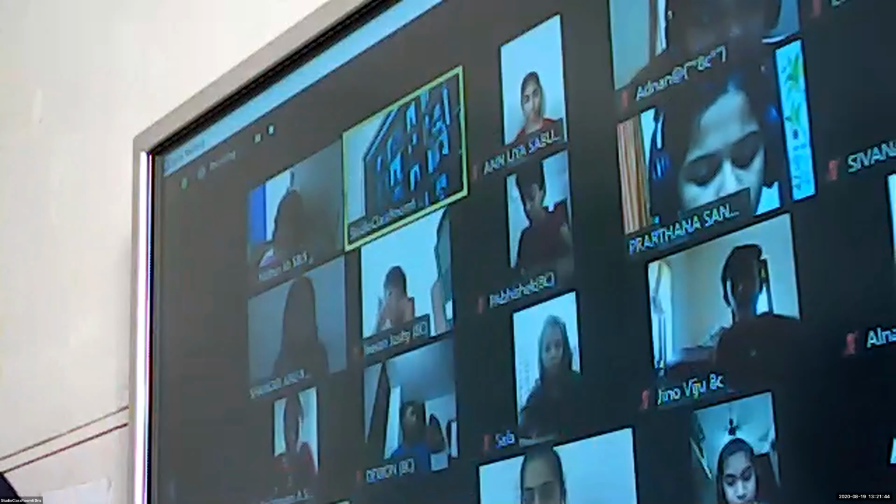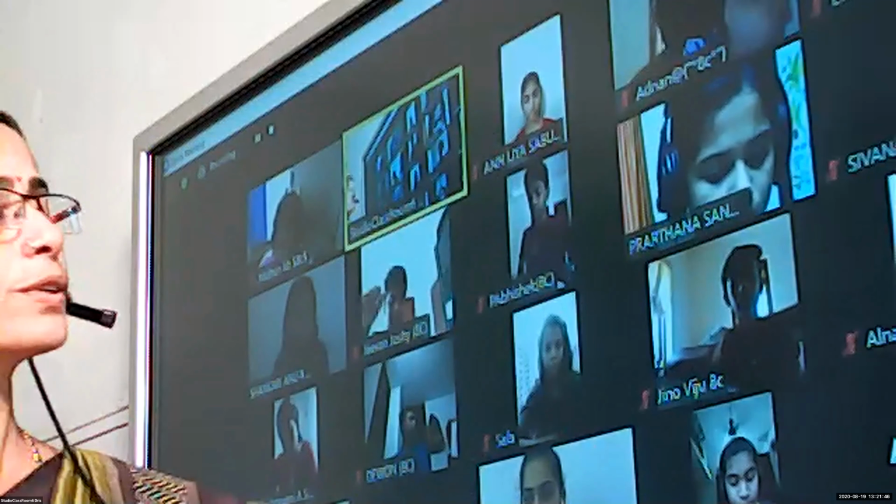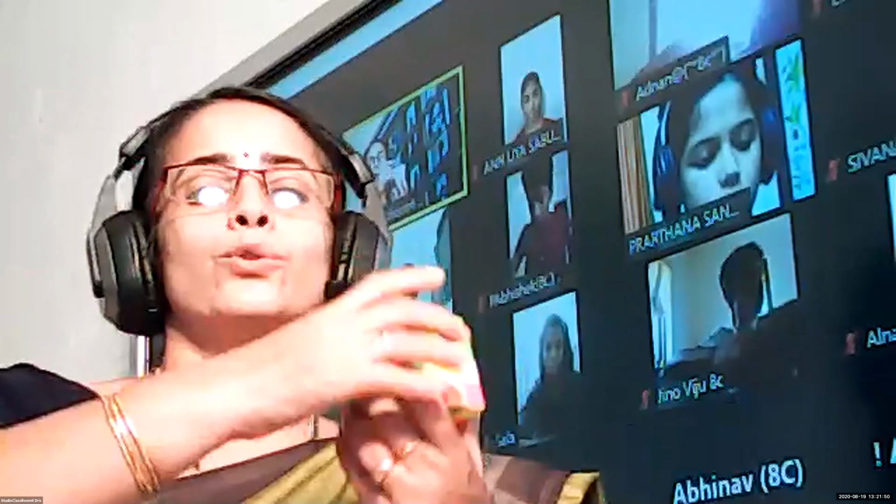So 4L square plus 1L square on top plus 1L square on bottom. So 4 plus 2, 6L square. The total surface area of a cube is 6L square. Lateral surface area of a cube is what, Shankari? 4L square. Understood? Yes, ma'am. Okay.